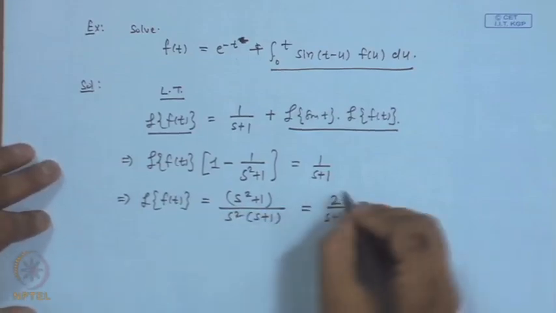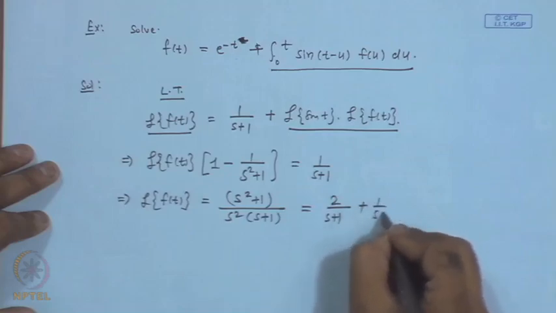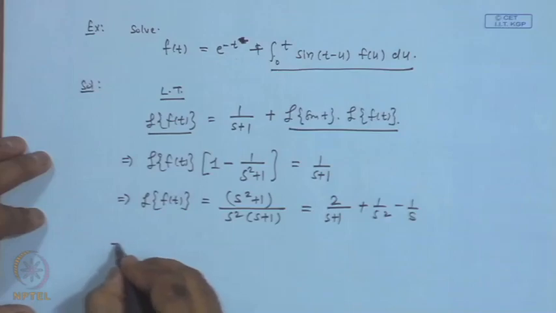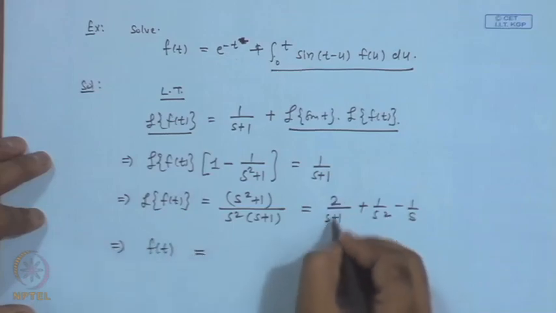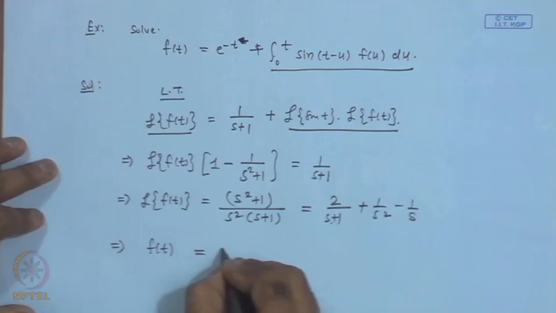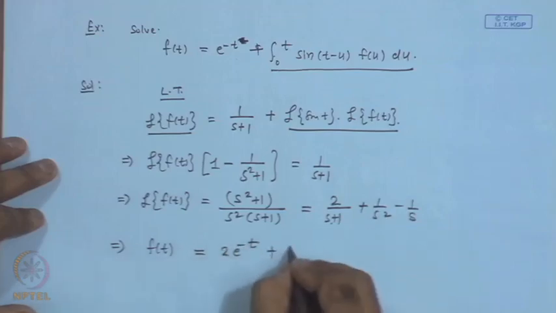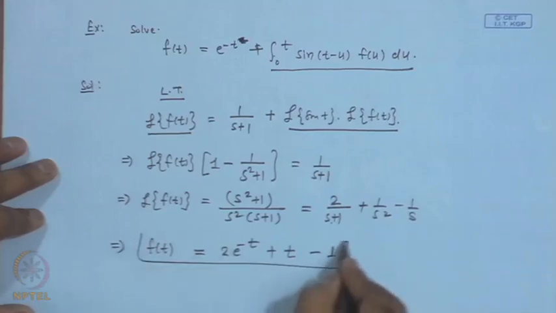So, we have 2 over s plus 1 plus 1 over s square minus 1 over s. Now, we can take the Laplace inverse. We have 2 over s plus 1, that is 2e^(-t), 1 over s square gives t, and then minus 1. So, this is the solution of that integral equation.